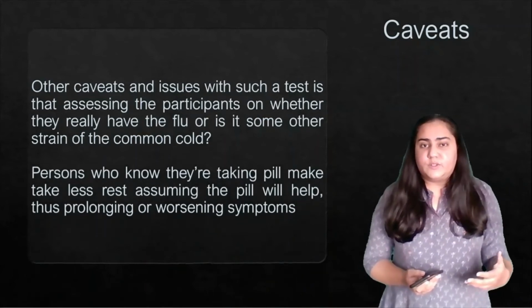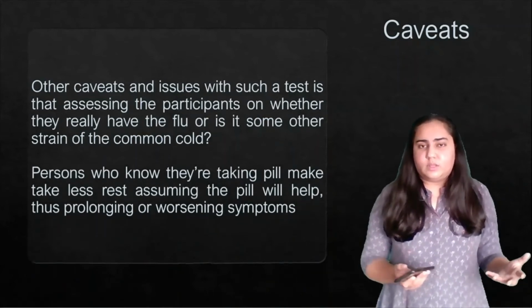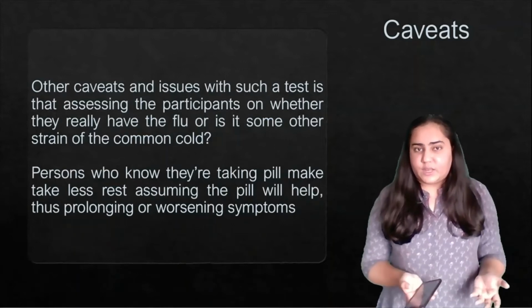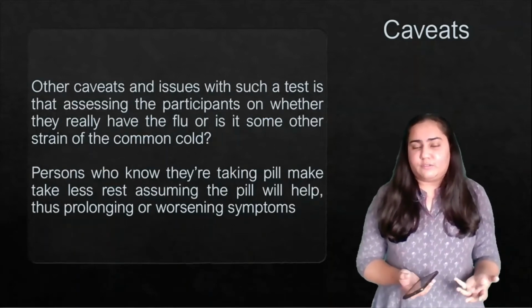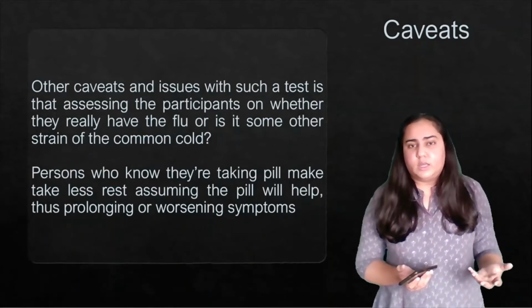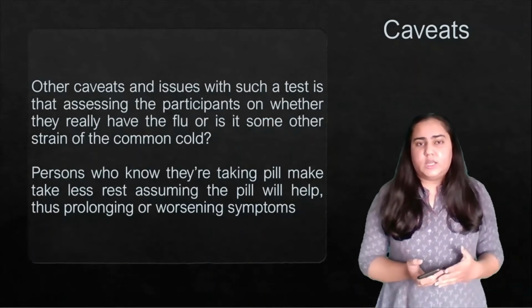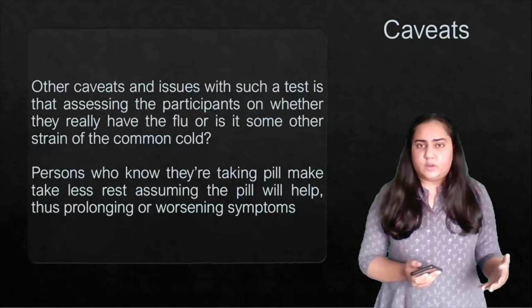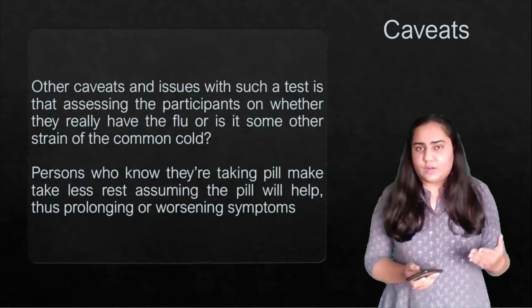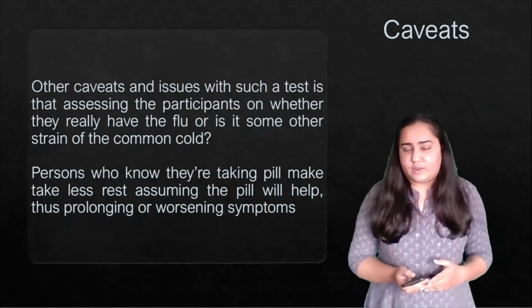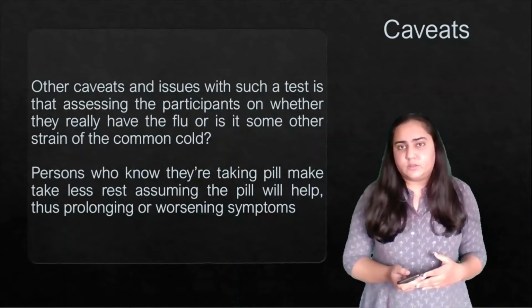Persons who know that they are taking the real pill might start to take less rest, assuming that the pill is definitely going to work, and start doing all their activities. And this could prolong or worsen the symptoms. And again, your experiment would not be a fair experiment.